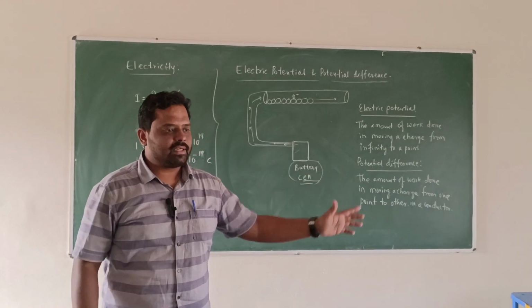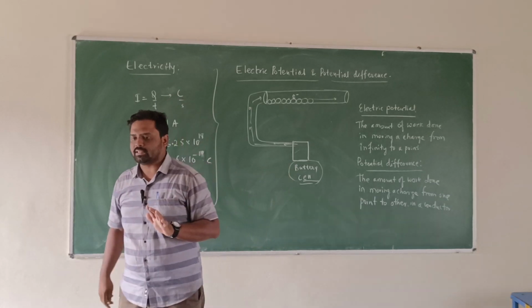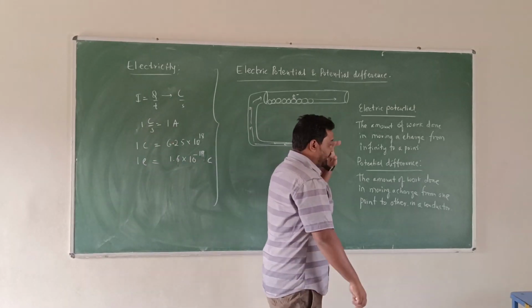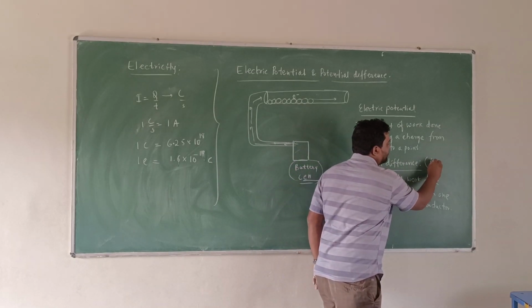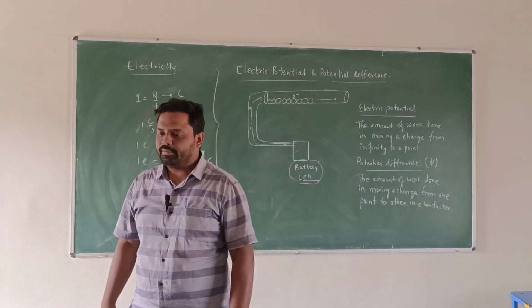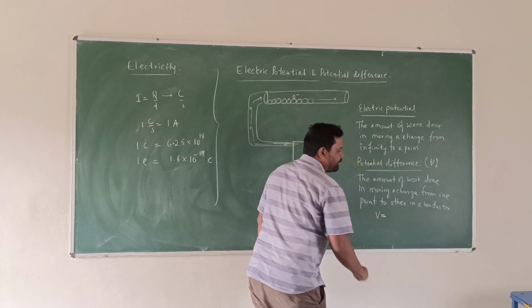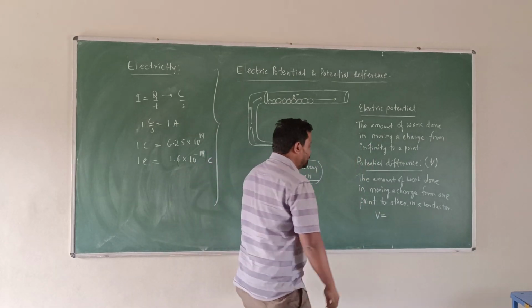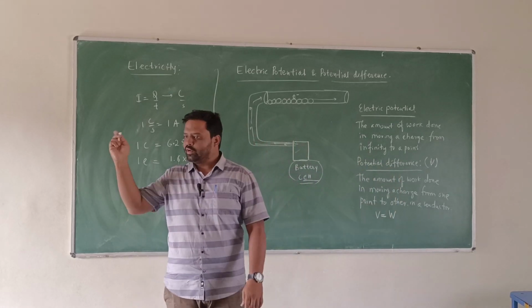Of course, we have to represent it in the form of a mathematical equation. Then only we will be able to calculate certain things, right? So potential difference in real life is represented by the letter capital V. So V is equal to work done in moving a charge from one point to another.